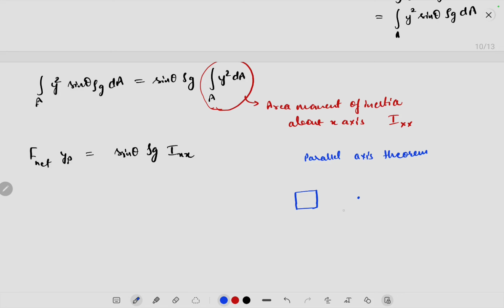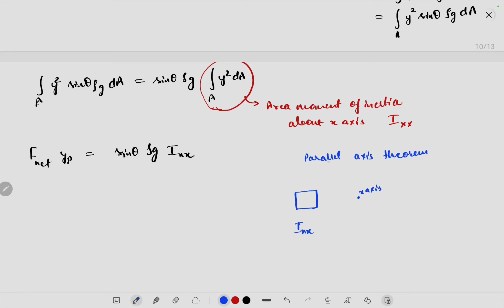In our case this was the x-axis and this was our body, and the moment of inertia of the body about this x-axis was Ixx.